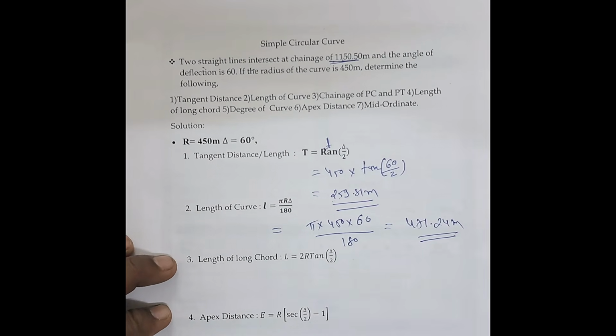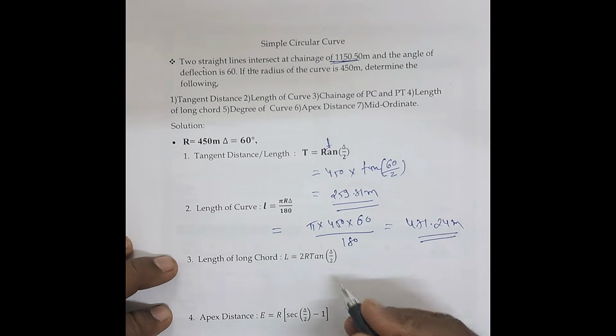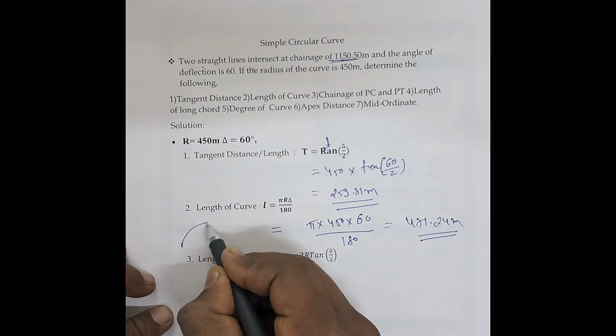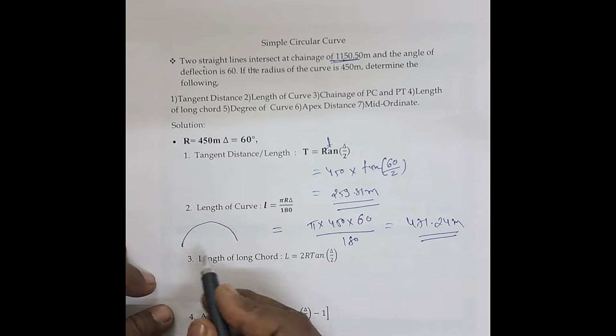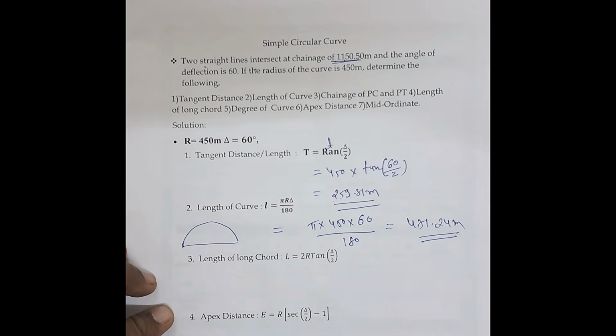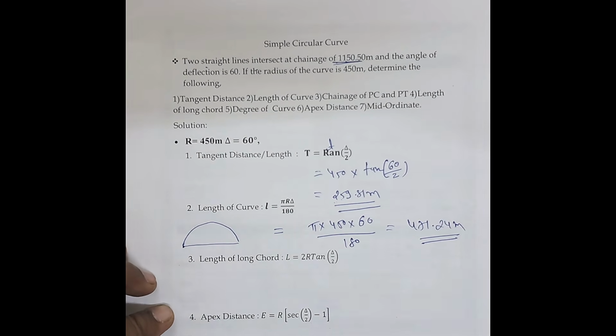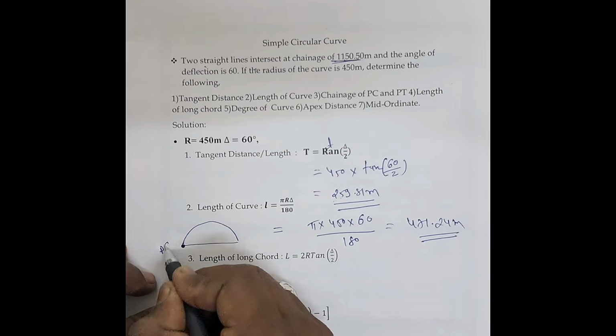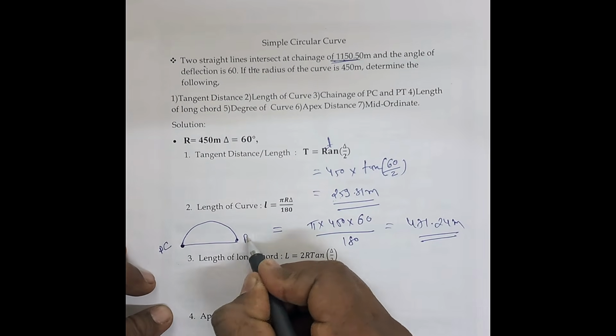Now the length of the long chord. What is the length of the long chord? When our curve starts like this, this is the total curve length, and when we connect the two points, the shortest distance will be considered as the length of the long chord. You consider that this is the PC point, and this will be your PT.